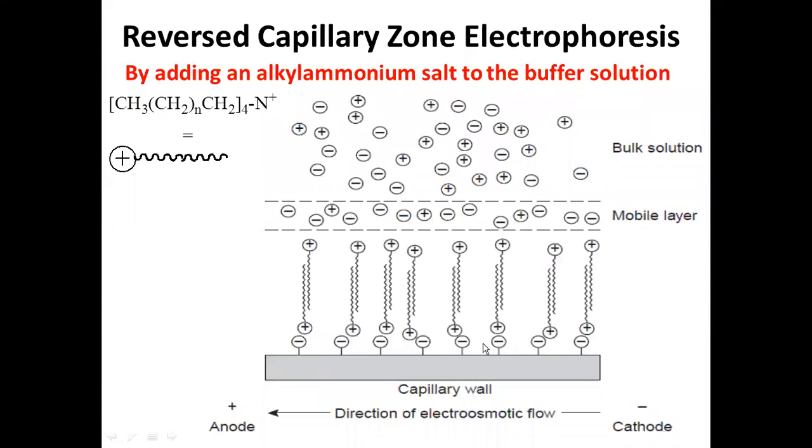The walls of the capillary are ionized. The silanol groups of the capillary walls ionize to get converted to silicate anions, and therefore they are negatively charged. These negatively charged anions will attract the positively charged species like the alkyl ammonium salts.